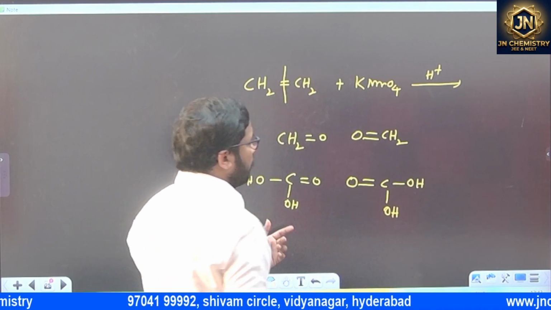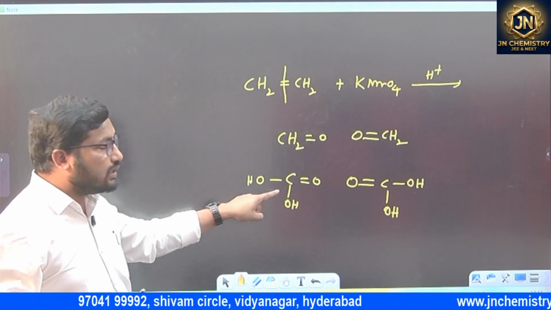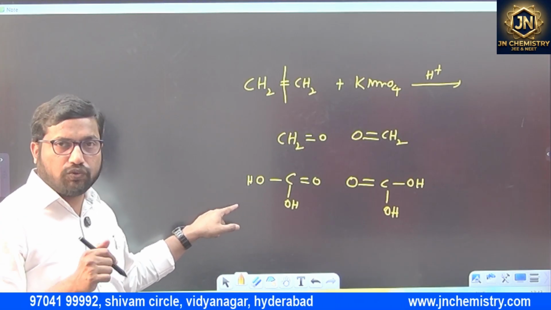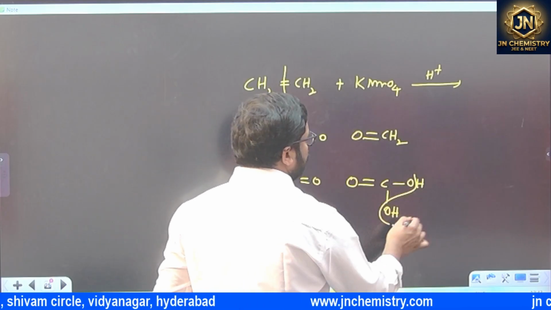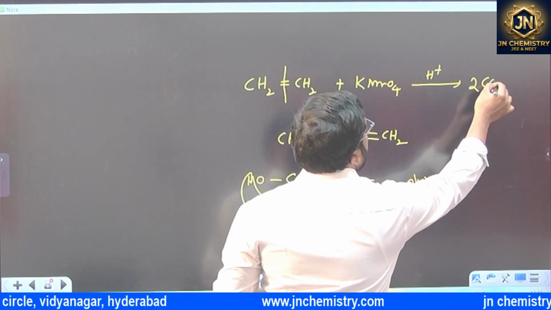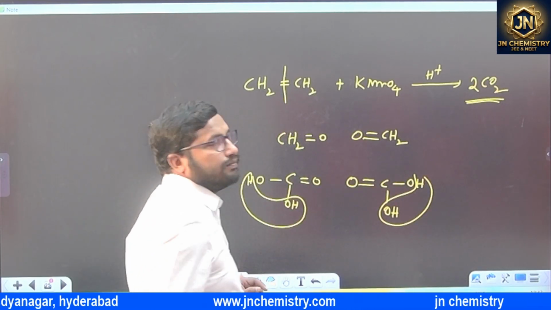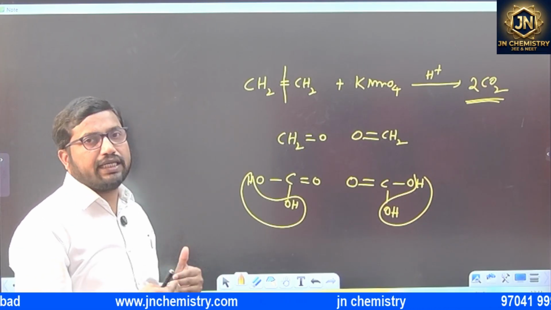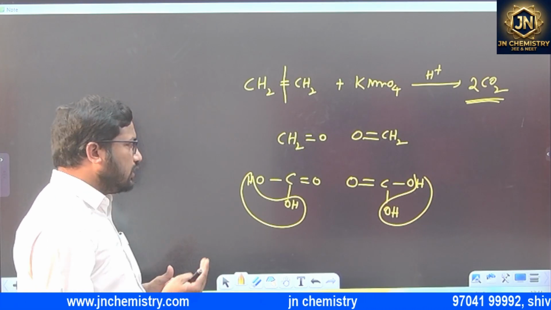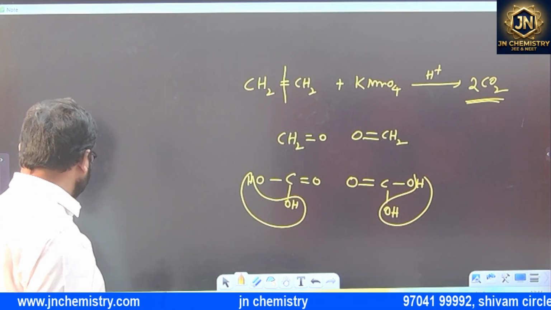Then remove the water molecule, because if the carbon has two OH groups, that is unstable and it loses a water molecule. So H2O here and H2O here are going, and 2 moles of CO2 we will get as the product. This is one of the important reactions. In each case we will get different types of products. We'll see two more examples.